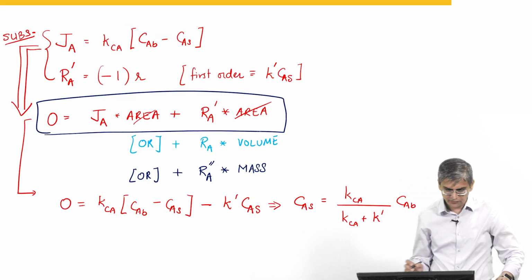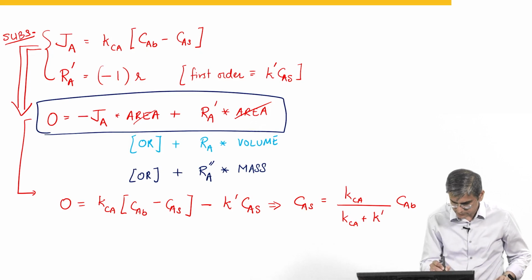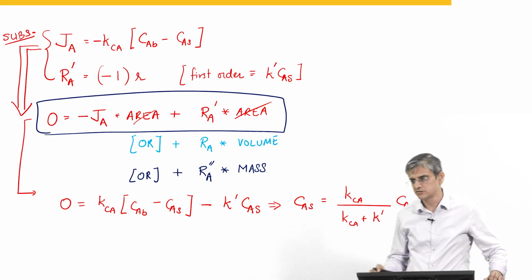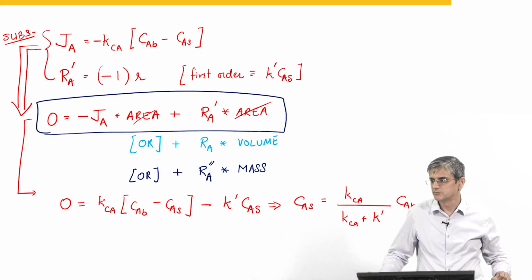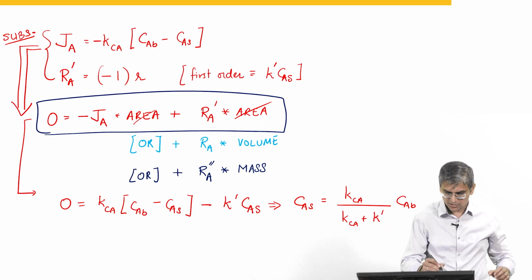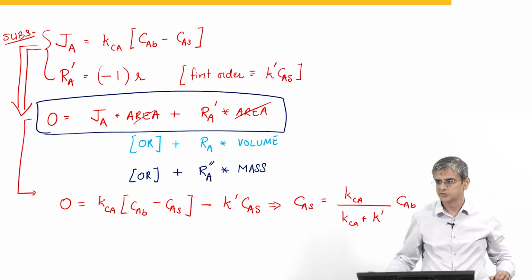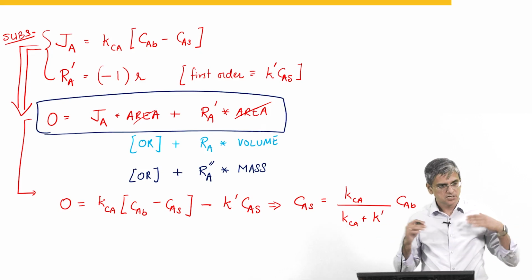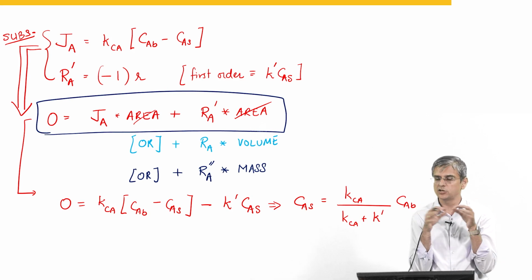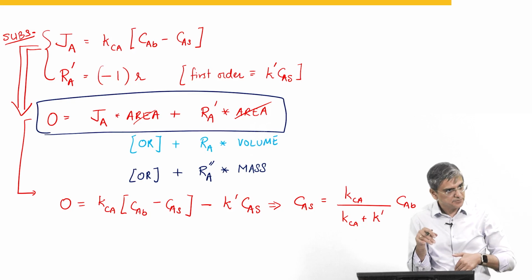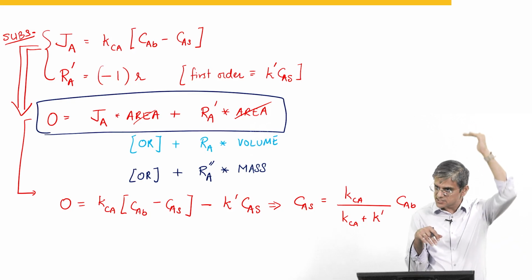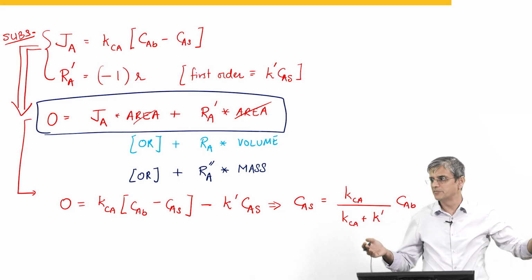Just a little bit of a difference in sign conventions in the opposite direction of mass. But you do not have to worry about it. Just think you are sitting on that surface and think about whether A is coming or whether A is going. If A is coming, then it is in minus out.